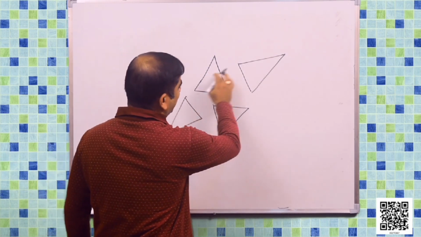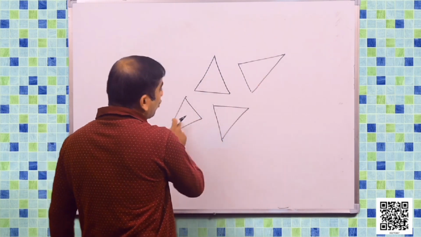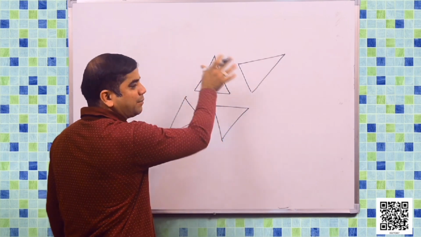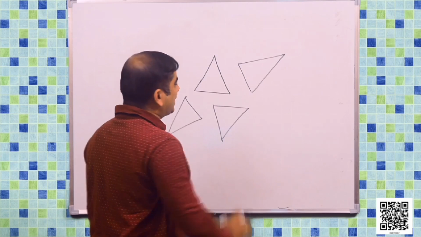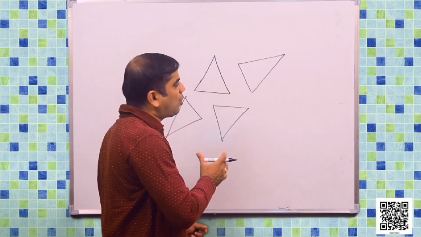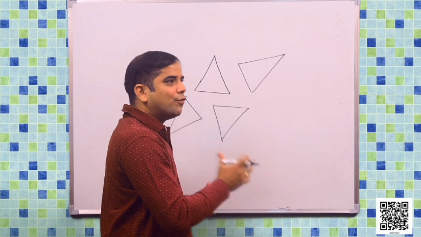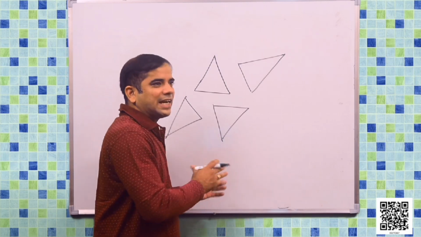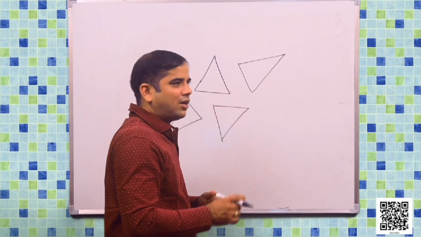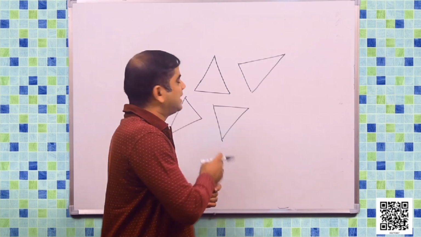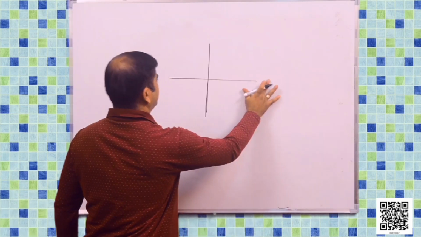So the similar triangle goes in some kind of pattern, it changes into different positions. So it's creating a pattern. So we are going to learn that pattern, how an object moves with a certain pattern. Okay, so we can say that it moves with some angle or it turns with some angles. So let us discuss those things first.